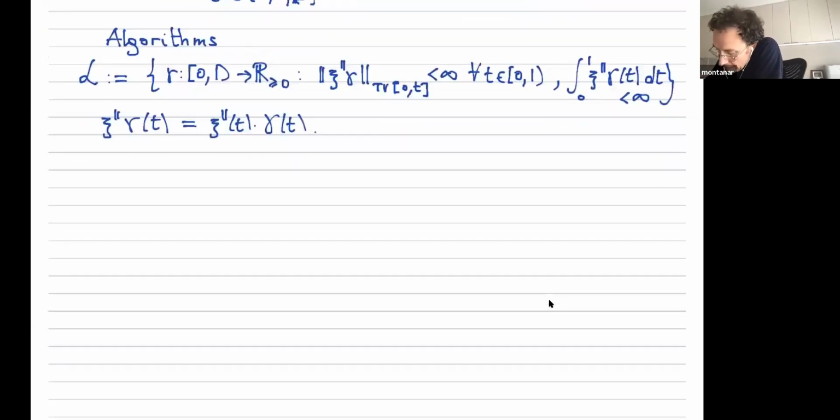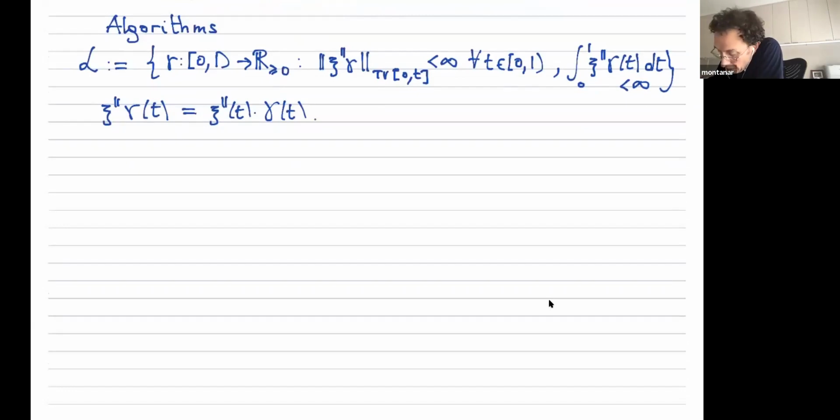Okay, so now what can I say about this remark? Of course, this is a superset of U. Why? Because remember that the condition U had is that gamma is non-decreasing. By total variation 0 to t, I mean total variation of the restriction of the function to the interval 0 to t. Since gamma is non-decreasing, and xi second is also non-decreasing, xi second gamma is non-decreasing, so it has finite total variation over the whole interval.